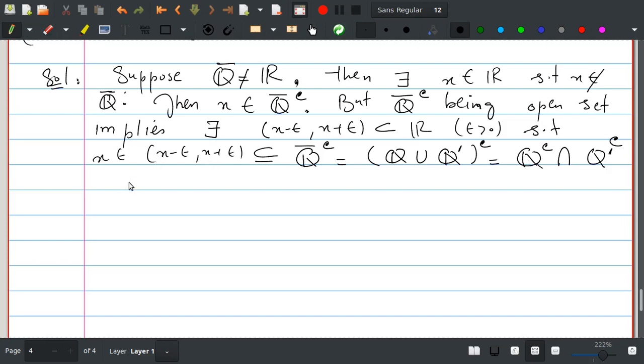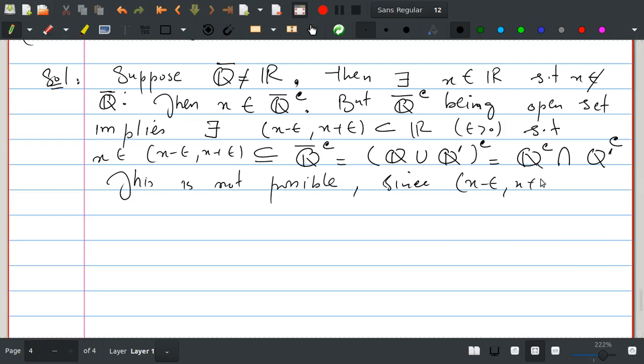So this is not possible since (x minus epsilon, x plus epsilon) contains rational numbers and hence cannot be a subset of this set, which is not the whole set of irrational numbers but some rational numbers.